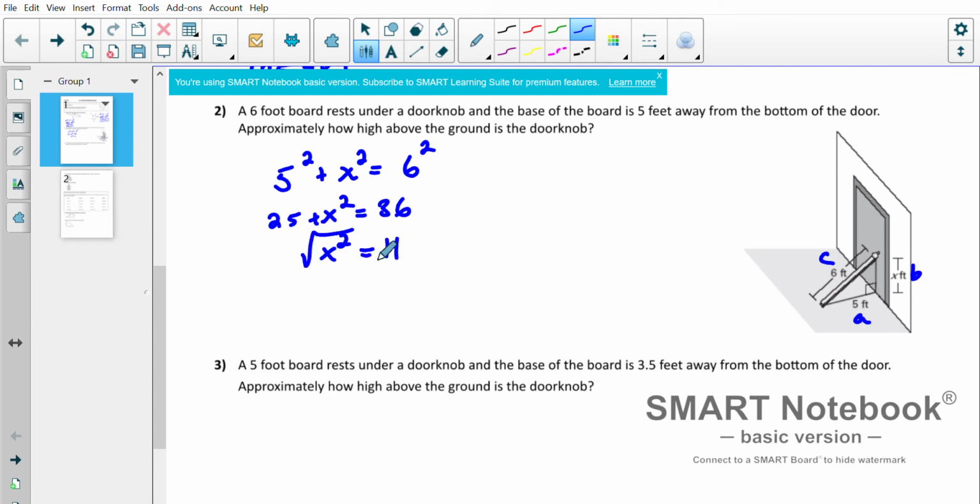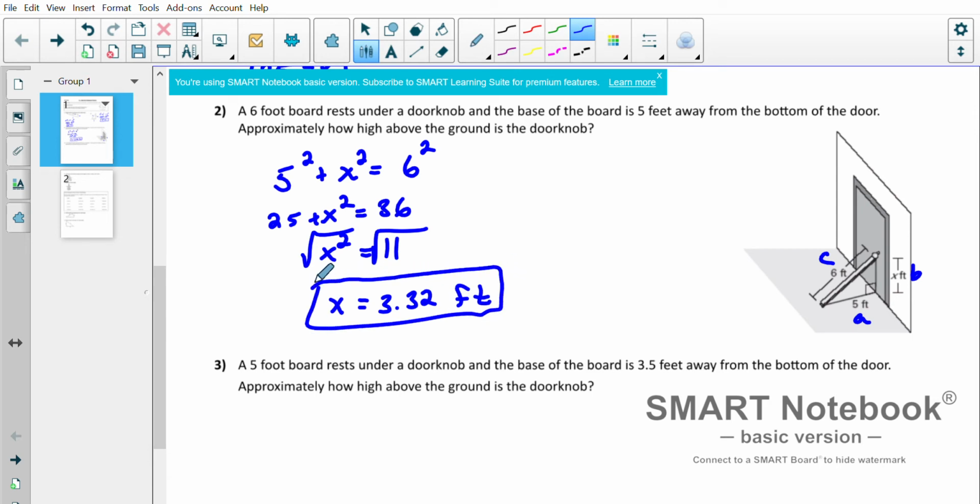Now I go ahead, take the root of both sides, and when I take the square root of 11, I'm going to have you guys go ahead and give me the rounded answer here. So take the square root of 11, and we would get that x is about 3.32 feet. So the doorknob is about 3.32 feet above the ground.